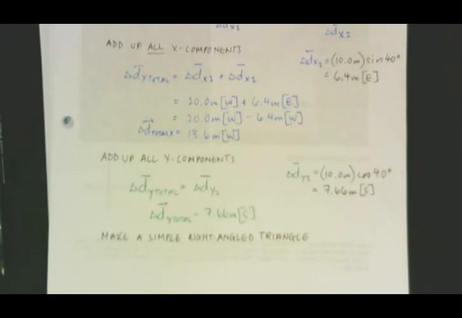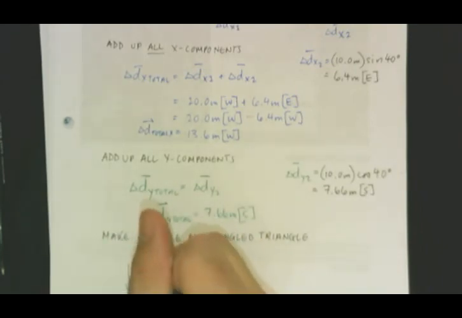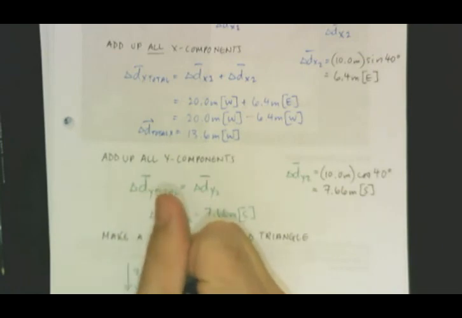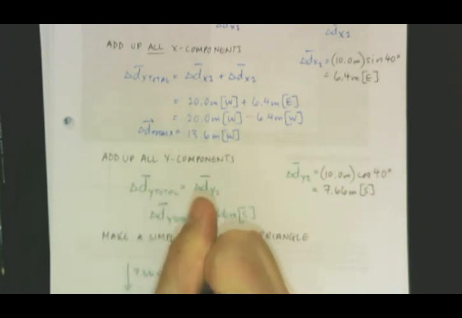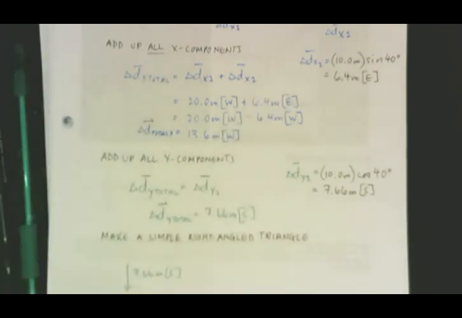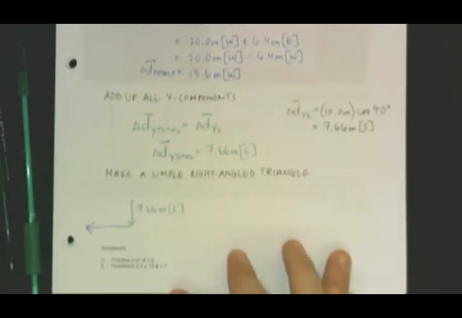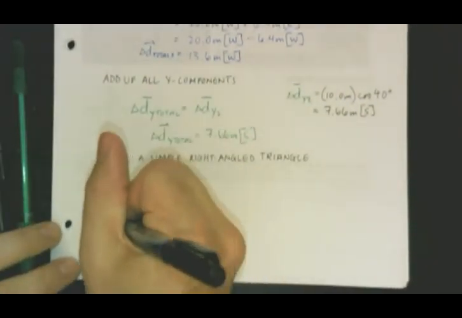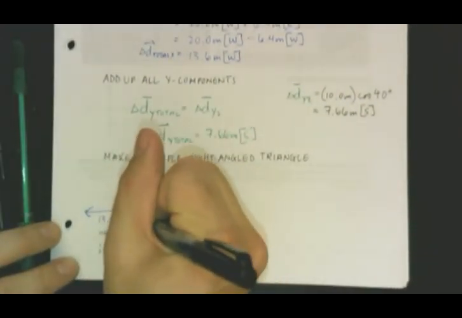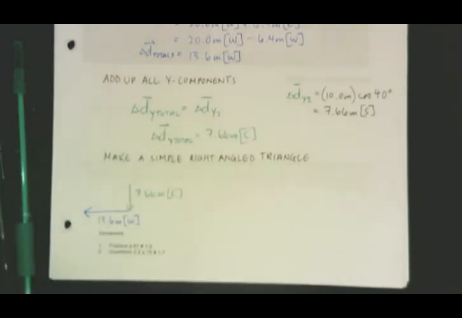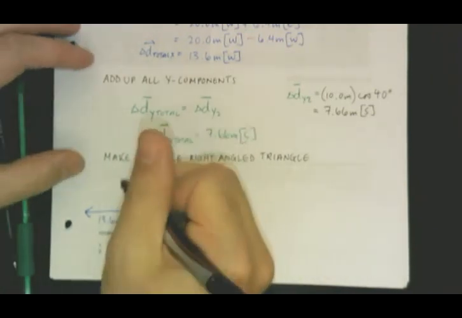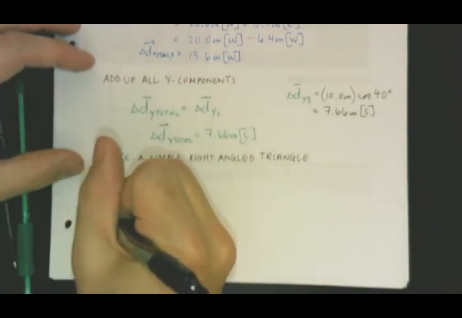I know that the y component is 7.66 meters south, and I know that the x component is 13.6 meters west. My final answer to this question is this vector.